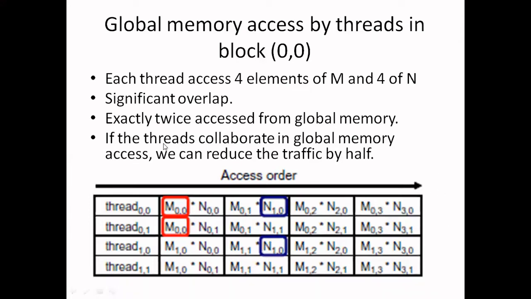If the threads collaborate, they could decide that if we bring this amount of data together, we can use it for each other. So they can reduce the traffic. Here you can see they can reduce the traffic by half, 2 times, because the data is being used twice.